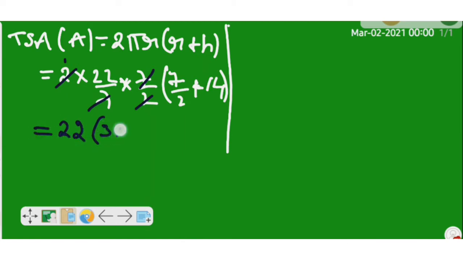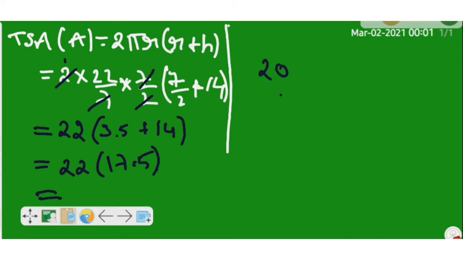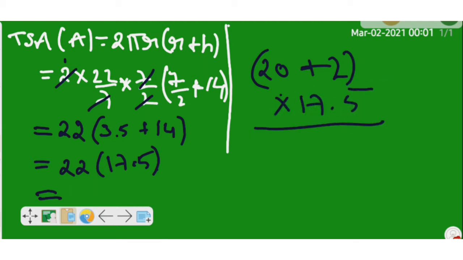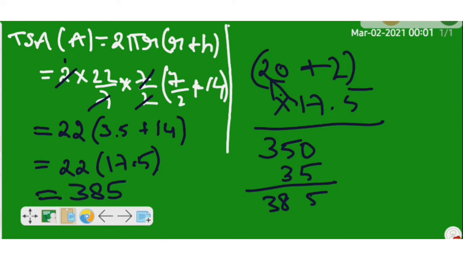I'm writing it as 3.5 plus 14, so that makes it 22 into 17.5, right? And if you multiply this, 22 into 17.5, what I'm going to do is 20 plus 2 into 17.5. 17.5 2s are 35, and 17.5 0s is 0, and then I will add 35 to it. That makes it 385. So total surface area of cylinder A is 385 centimeter square.